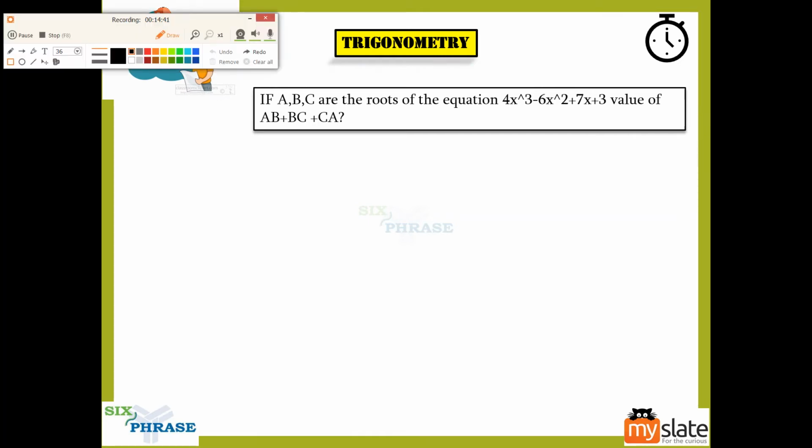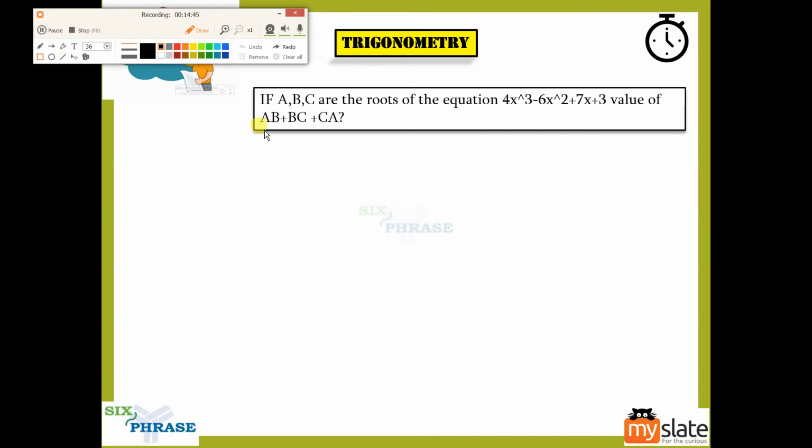What we do here is pretty simple. This is applicable for cubic equations, and even for equations that have powers of 4 and 5, but for cubic equations it is especially like this. I'm going to take a, b, c.